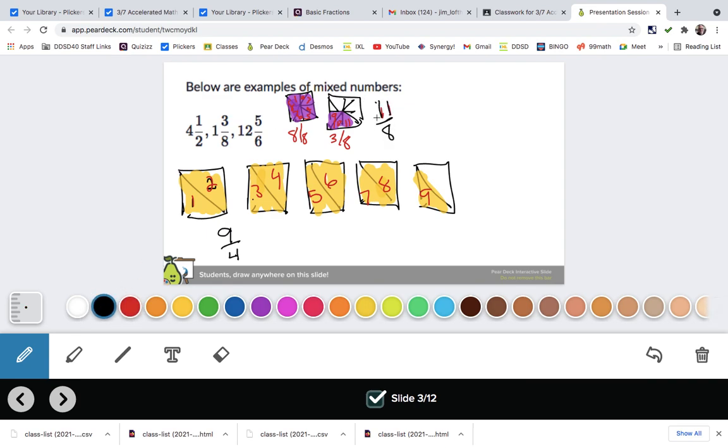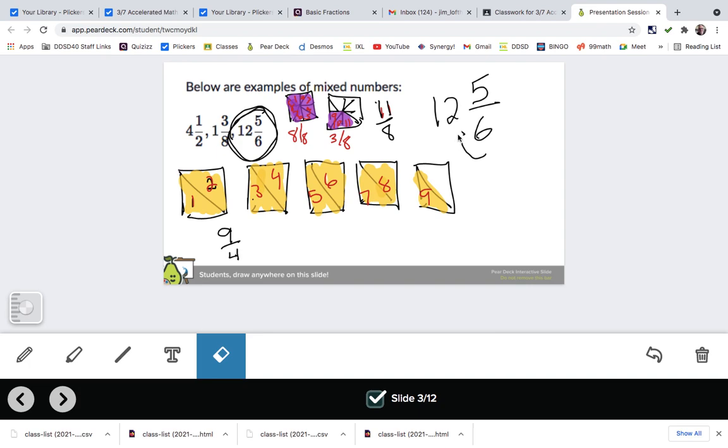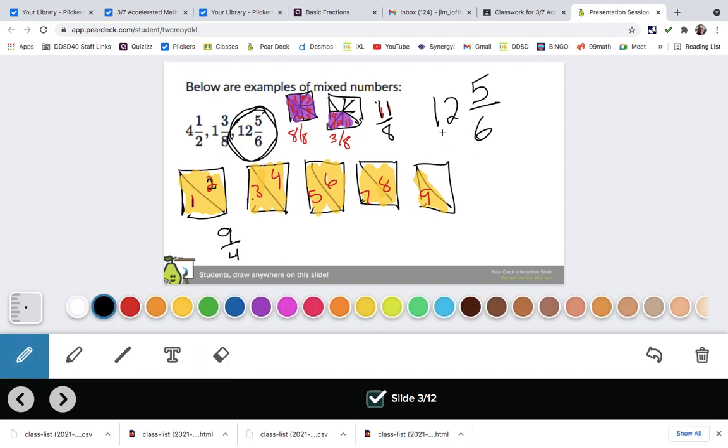We were hoping for this one right here that there would be a shortcut so we wouldn't have to draw 12 wholes, split each of those into 6 parts, count all those up. And it turns out that there is. If we take 12 and 5/6, and we multiply 12, the whole number, by, I should really do it the other direction. Really what we're doing is noticing that every whole would be split into 6 parts.